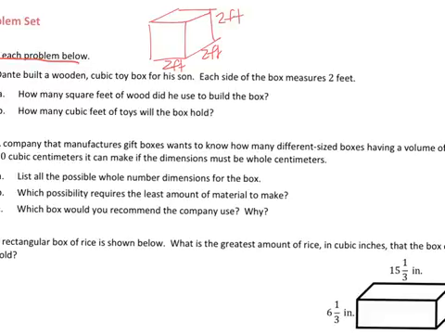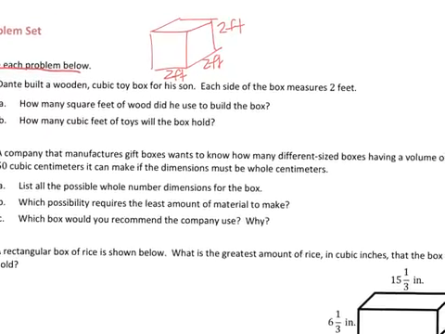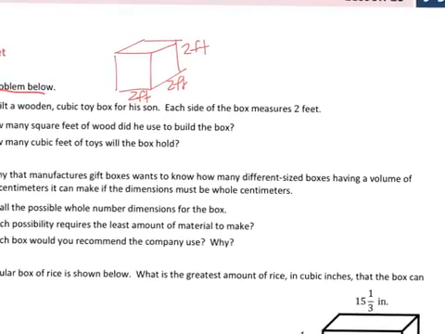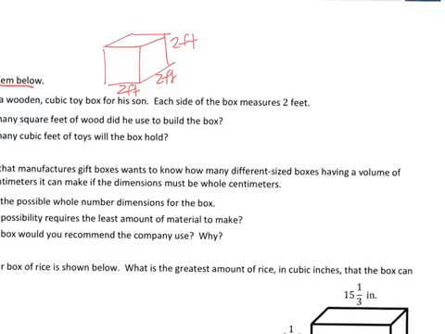Now my directions for A say, how many square feet of wood did he use to build a box? When I see how many square feet, we're looking for surface area. So I know that for A, I can use 2 formulas. Because it says cubic toy box, I can use 2 times length times width plus 2 times length times height, and then 2 times width times height.